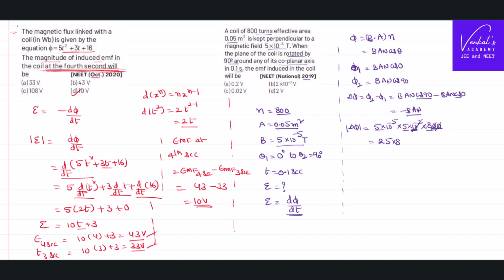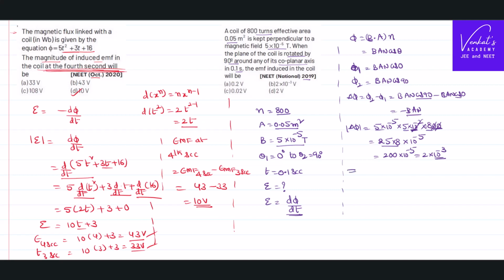Both of them can be cancelled. What is remaining is 10 power minus 5. 25 8s are 200 into 10 power minus 5. So the value that is remaining is 2 into 10 power minus 3. That's the magnetic flux we have, in Weber.